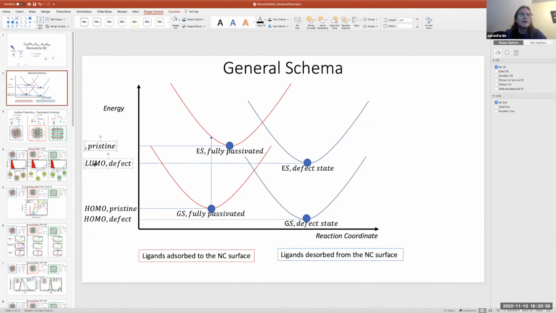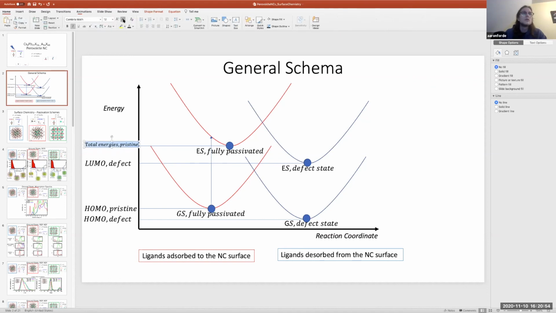My y-axis is mislabeled. Those would be total energies. Okay, please continue, and I'll try to keep the format and ask questions in typed version.